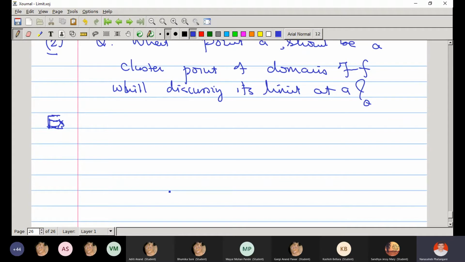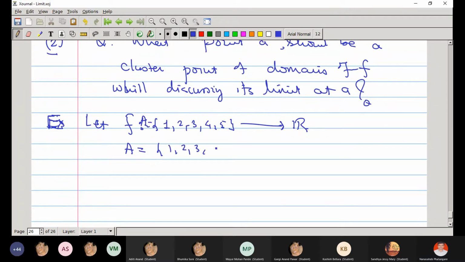So let f be a function defined on, suppose I define a function. What is my domain here? A, whatever is the set.